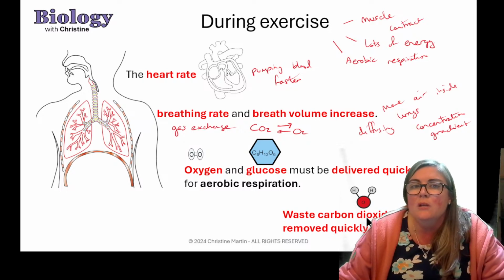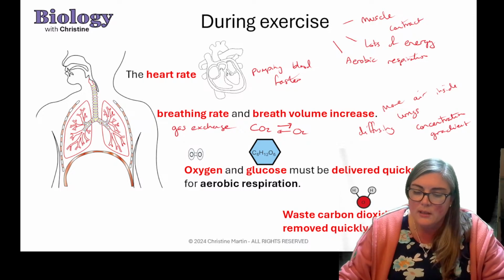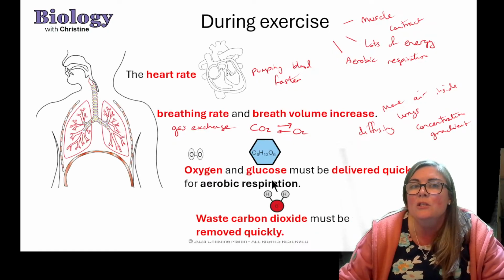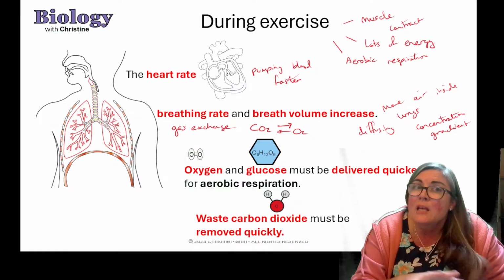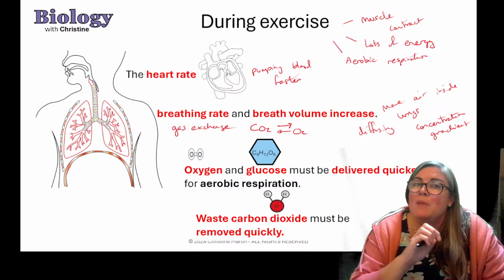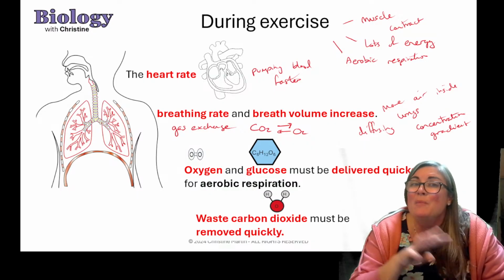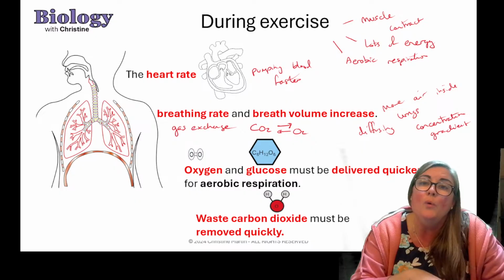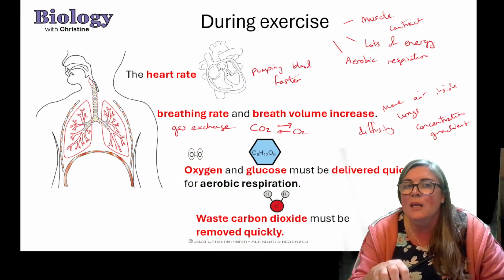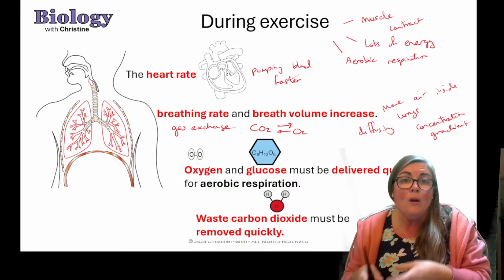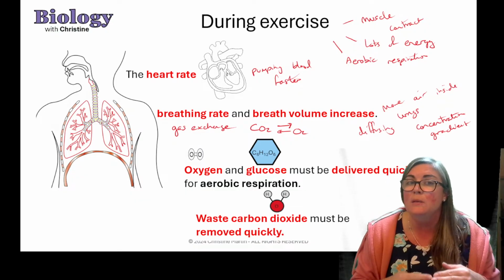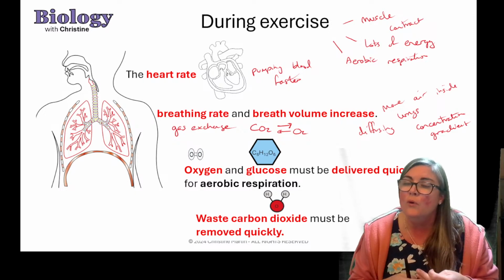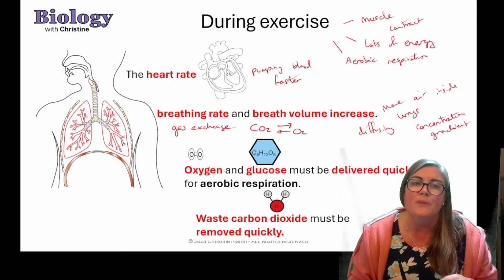So the other thing I need to note is my waste products, my carbon dioxide and my water, also need to be removed. So by increasing my heart rate, my breathing rate, and my breath volume, what I'm actually doing is supplying the oxygen and the glucose, because they are transported in the blood, and that allows for aerobic respiration to occur.